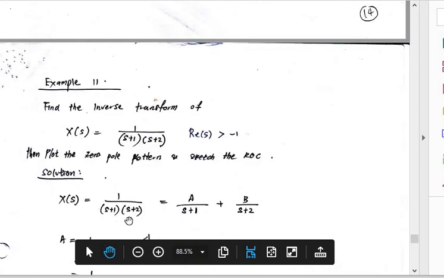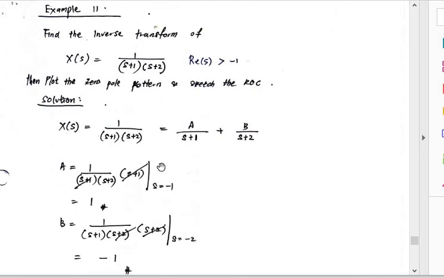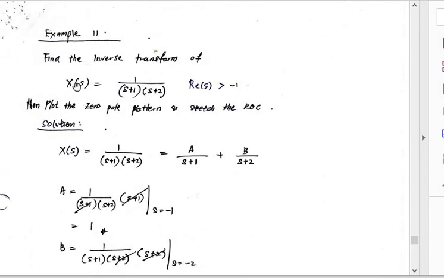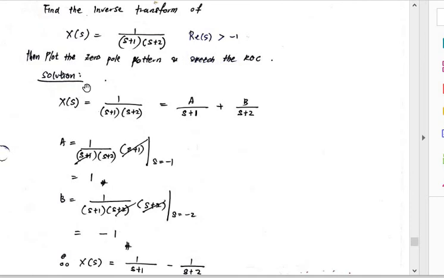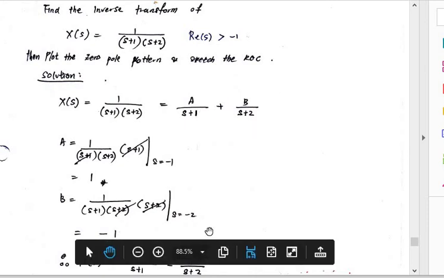Don't forget we also have the inverse transform of this X(s). We then plot the zero-pole pattern and sketch the ROC. Given X(s), we need to find the value of x(t). As usual, using partial fraction expansion, we get the A and B values.